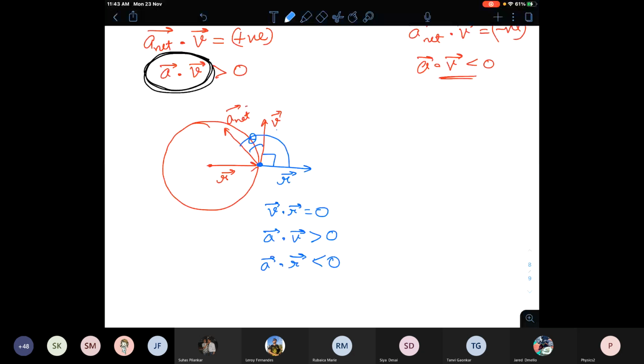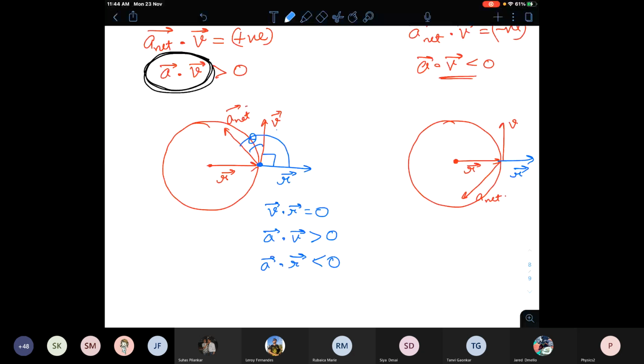Okay, for the second case, let's see. For this one, this is your r vector, this is your v vector, and this is your a net vector. So again, the same problem. You need to coincide the tails of all the vectors. So what I will do, I will move r vector forward like this.